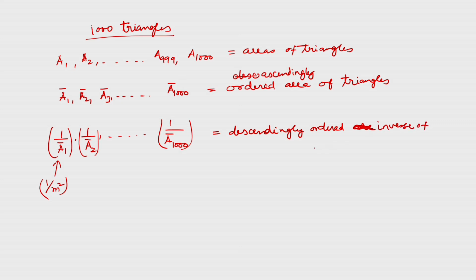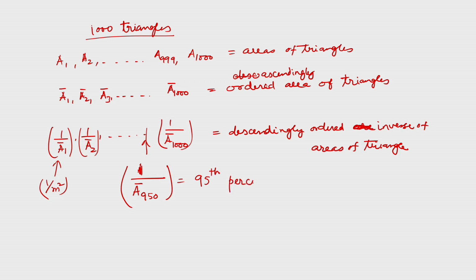These are the inverse of areas of triangles. Now we will take the data which will be 1 upon A bar 950 here, because we want to take the 95th percentile, and they are in the descending order.